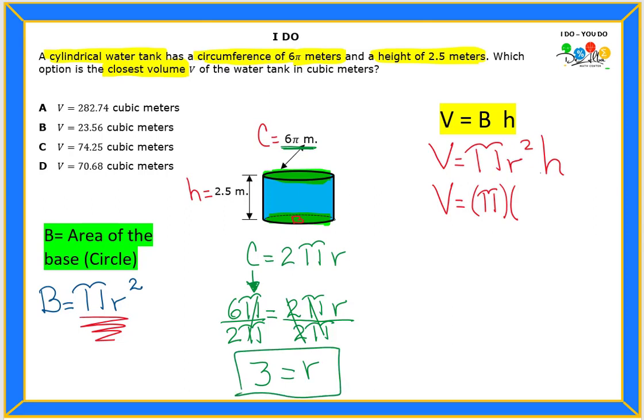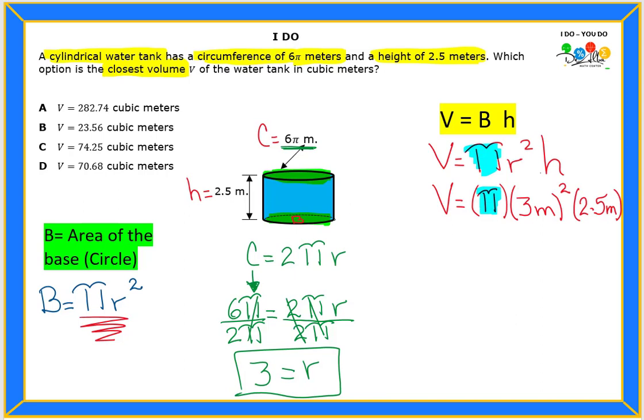So now I can actually go back to my formula and replace radius with 3, and it's actually 3 meters, right? Squared. And the height is 2.5 meters. Okay, so let's see. My pi, I brought it down.